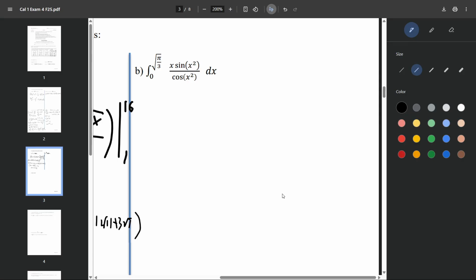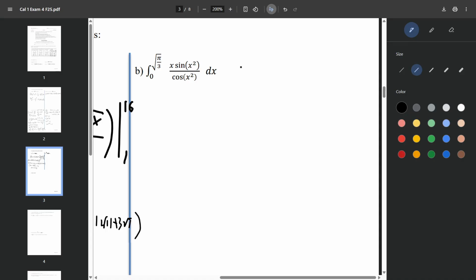Next up, B. Alright, so for this equation, it asks us for the lower bound of 0 and the upper bound of root pi over 3 of x sine x squared over cosine of x squared dx.